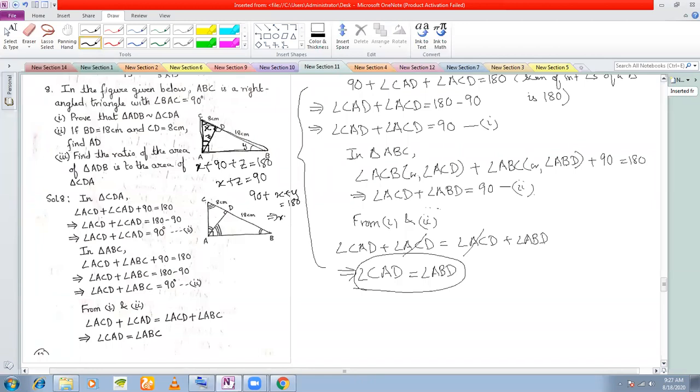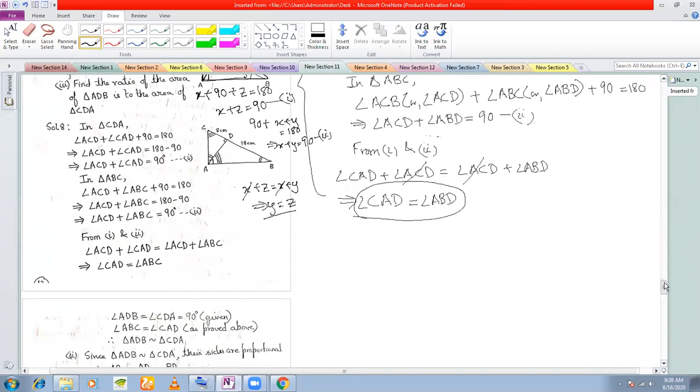That means x plus y is equal to 90. So from these two equations, you get x plus z is equal to x plus y. So x and x will cancel. You get the two angles y is equal to z. You can proceed this way also, no problem. Okay. So we have proved these two to be equal.